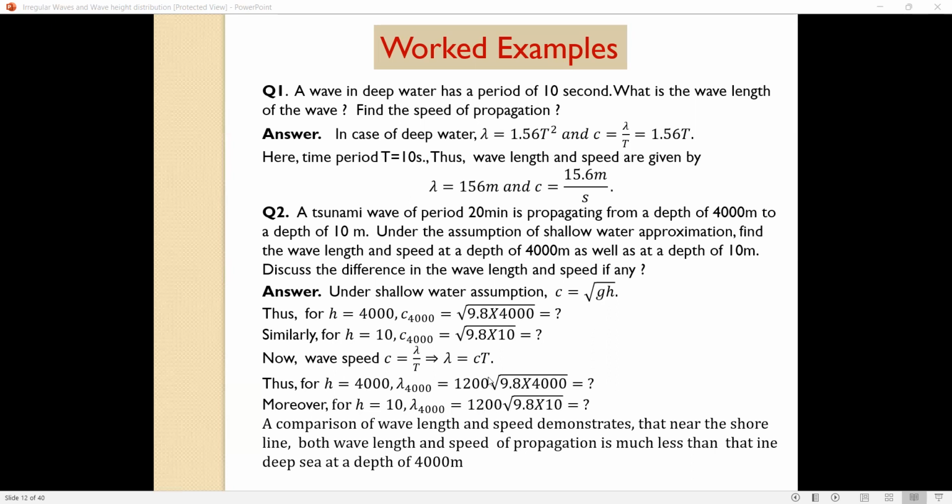In the other case, it will be 200 into 1,200, that is 240 kilometer. The wavelength will be 240 kilometer in the first case, whereas in the second case it is 12 kilometer.